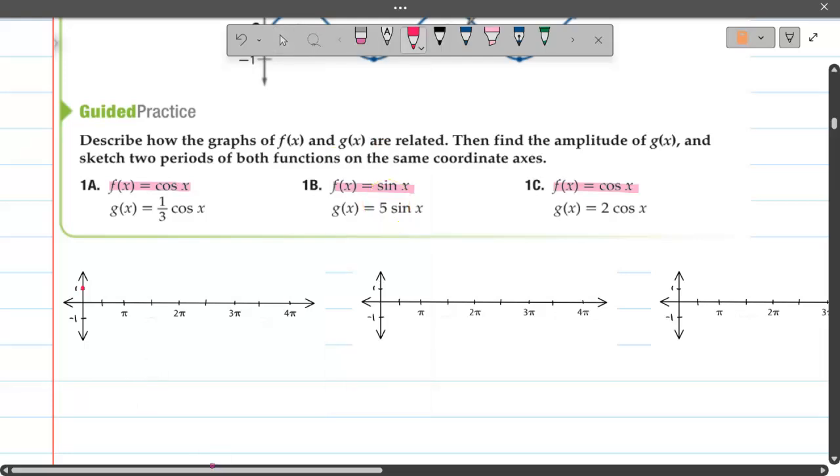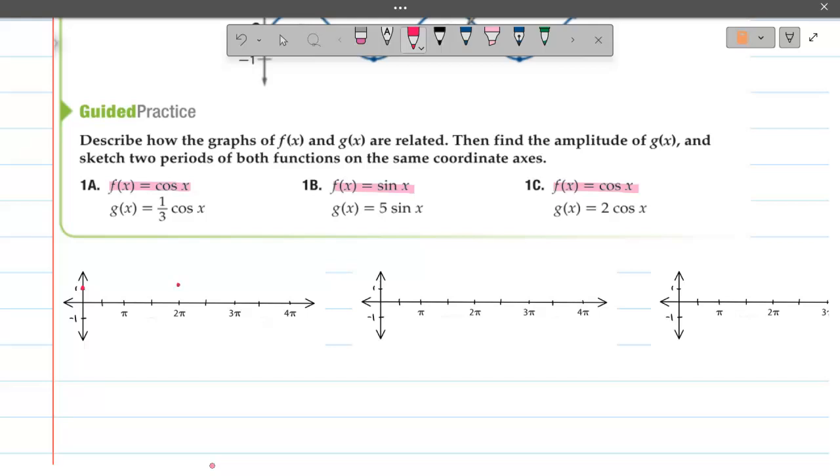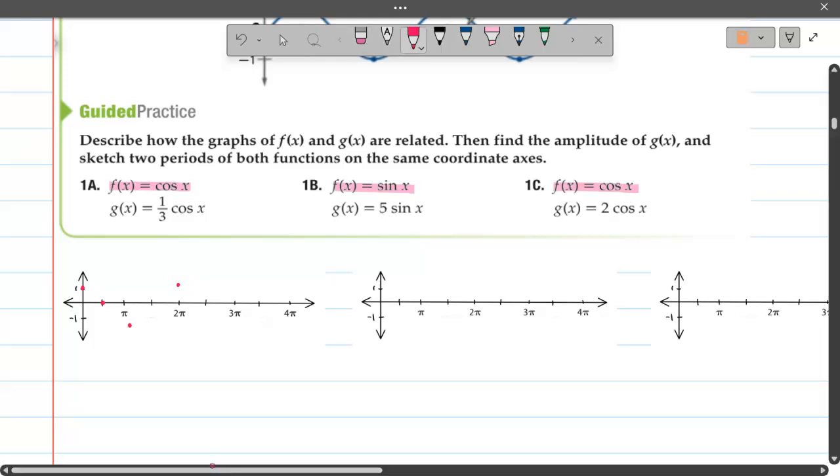Cosine again starts at 1, and it ends at 1. Right here it's at -1. Oops, I made my -1 too low. Here we go. And it repeats. So this is my cosine, my parent function.